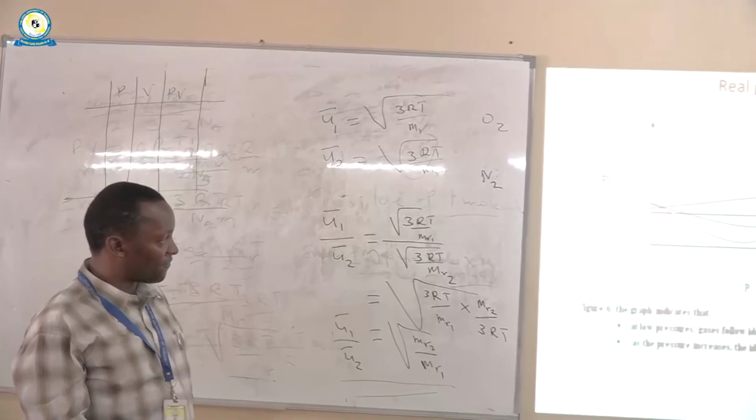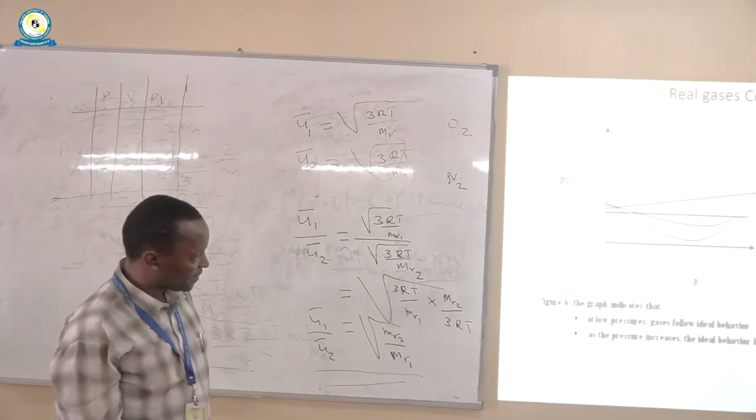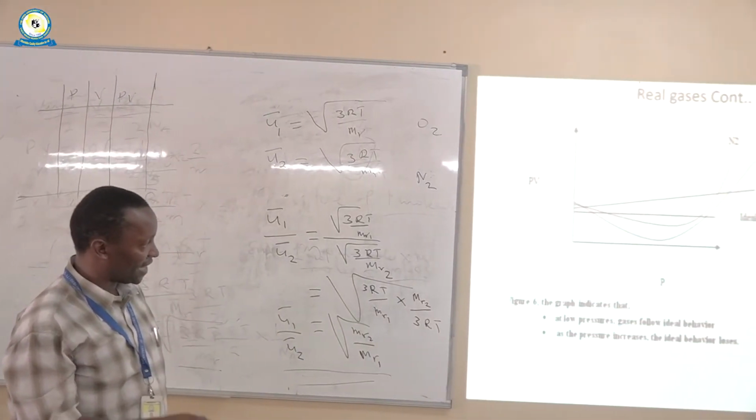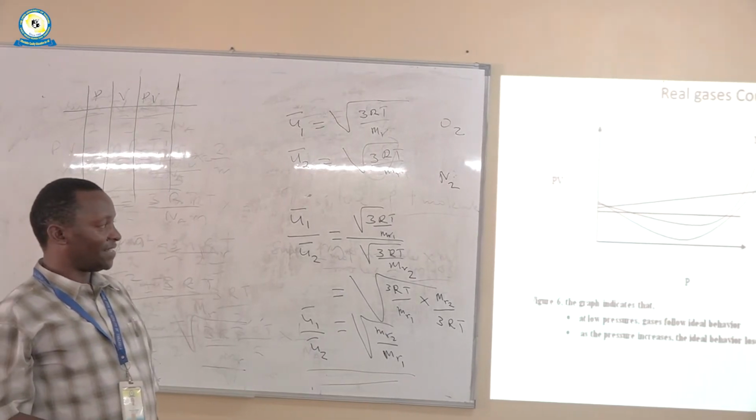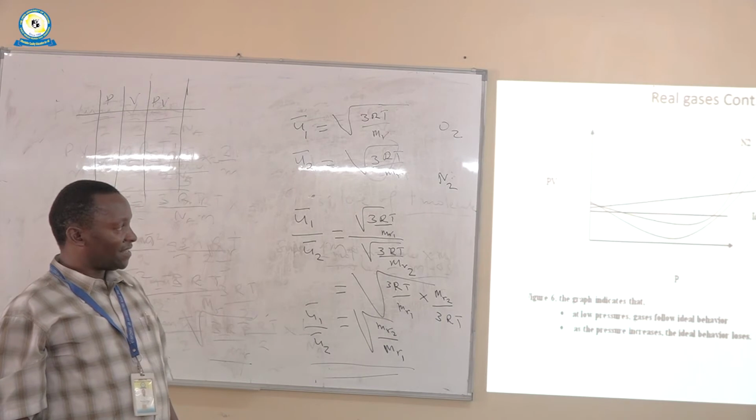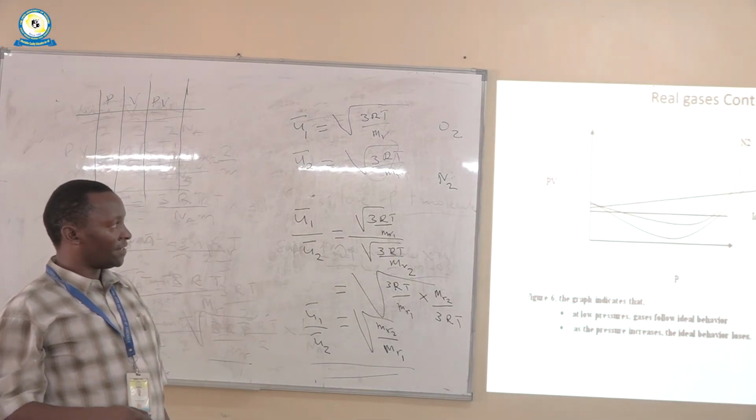So we will have a graph like that for an ideal gas. Practically, it is proven that it is not like that.